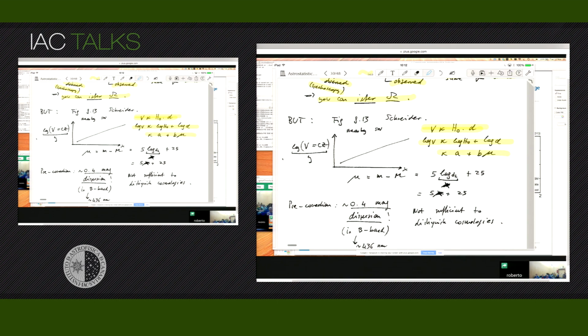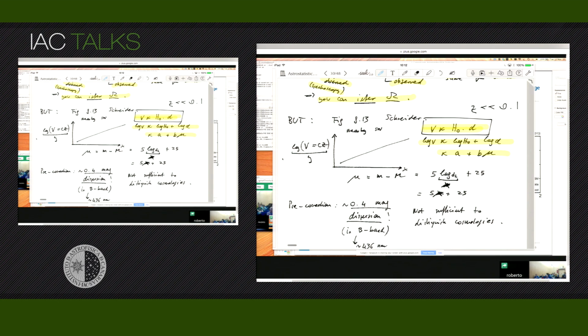So in other words, at least this is true for nearby, sufficiently nearby objects. We know that for larger distances, the Hubble law here needs to be modified according to the proper angular distance or the luminosity distance. But this is true for relatively nearby objects with redshifts much smaller than 1. Let's say redshift much smaller than actually 0.1.